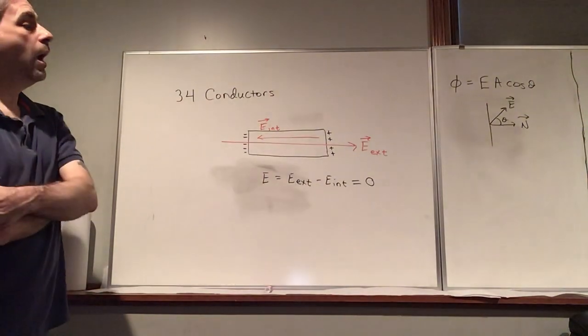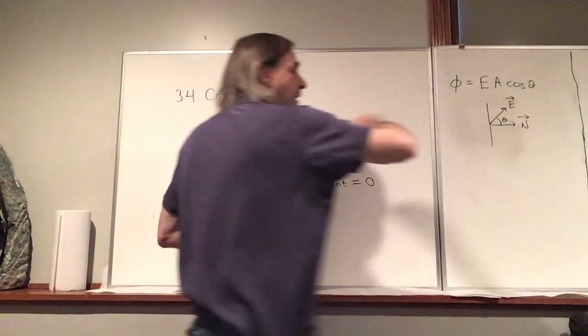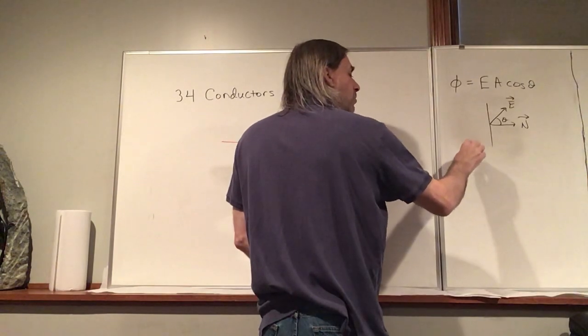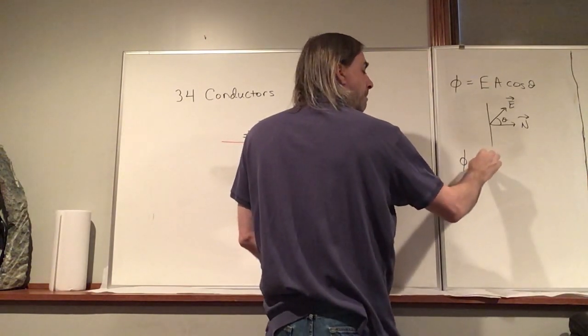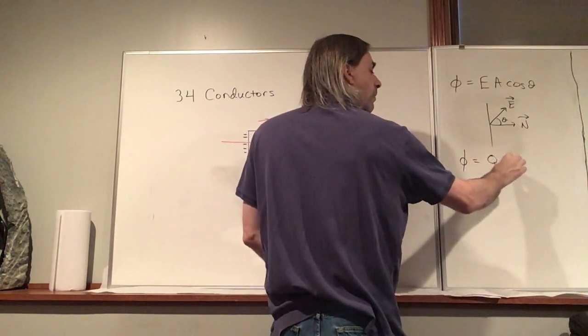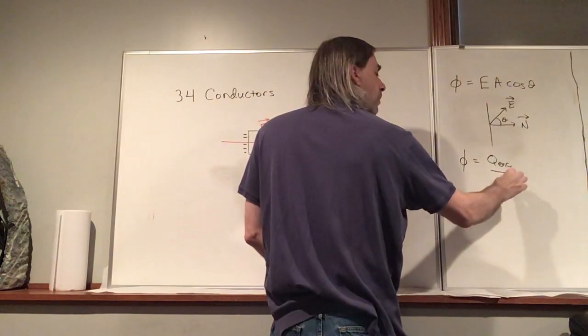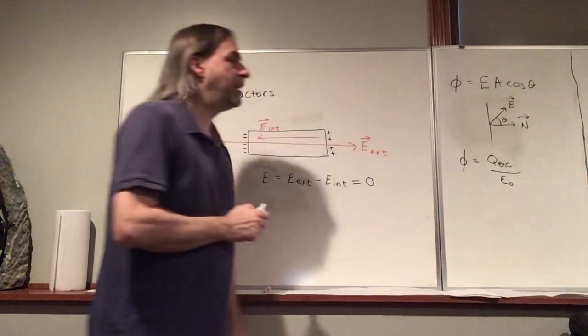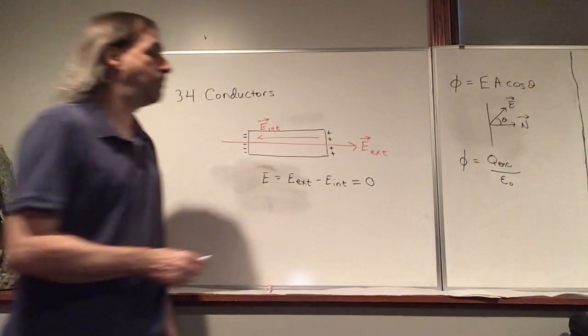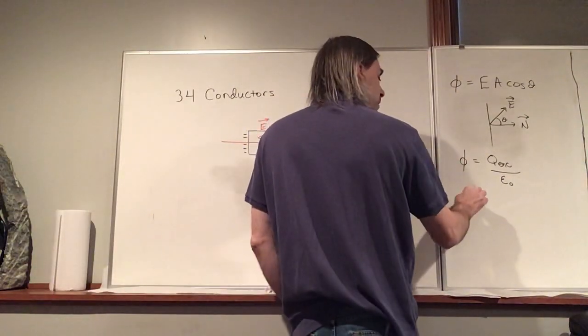Okay, and then what Gauss's law says is that the flux through any closed surface is equal to the total charge enclosed over epsilon naught, where this is that constant.